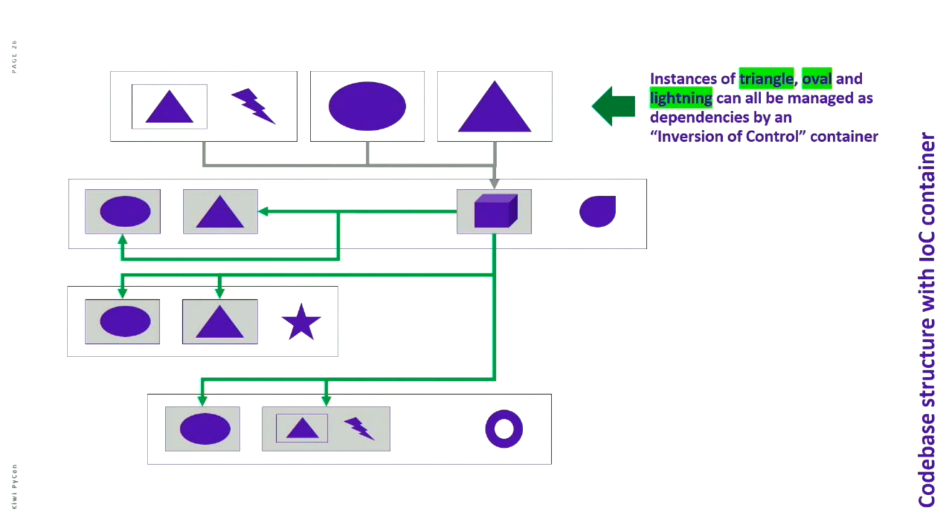The inversion of control container then manages the distribution of the instances of the classes that have dependencies in them, or that use dependencies in some way. And the inversion of control container is then responsible for pushing those instances down the stack.